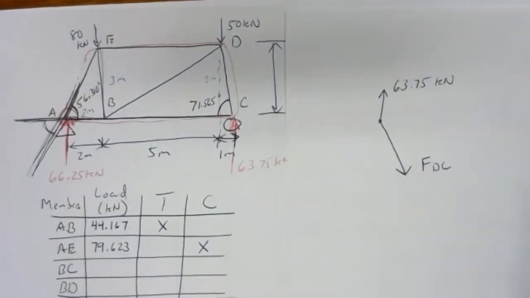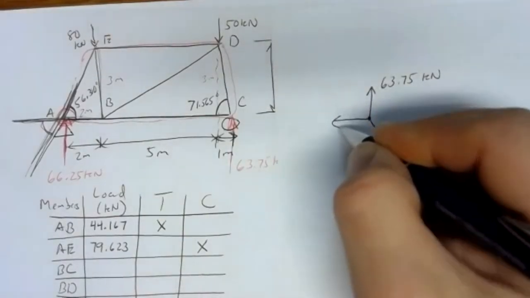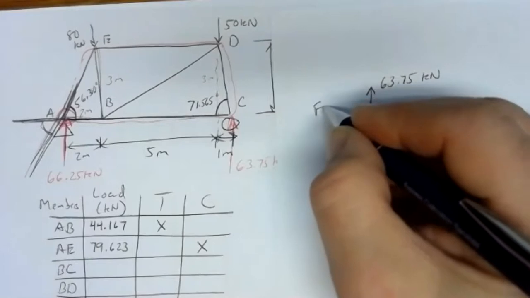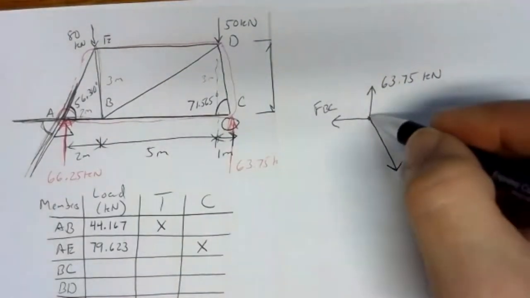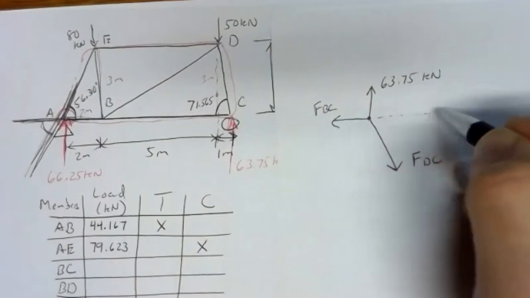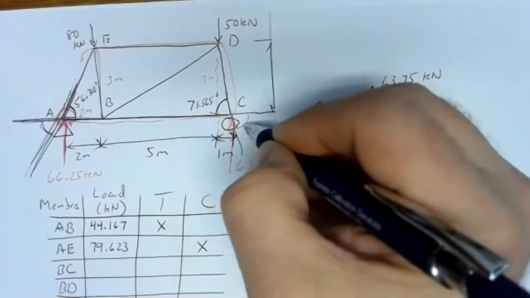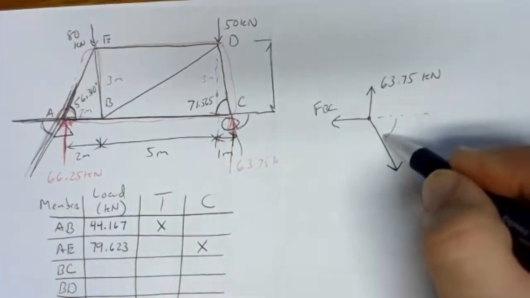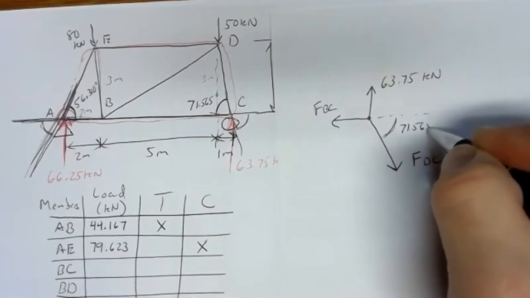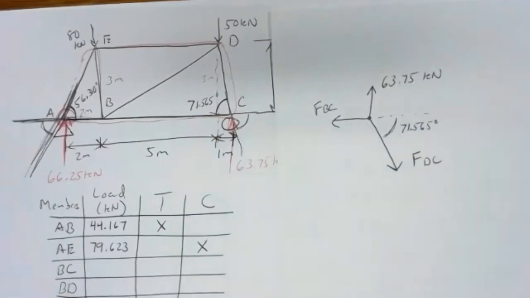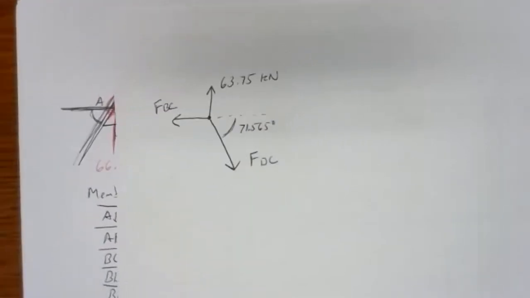And with that in place, it makes sense to draw FBC over here. And just like with A, we've got our angle to horizontal, this angle right there, 71.565 degrees. So there's our free body diagram for joint C.